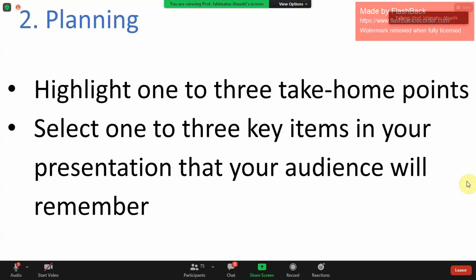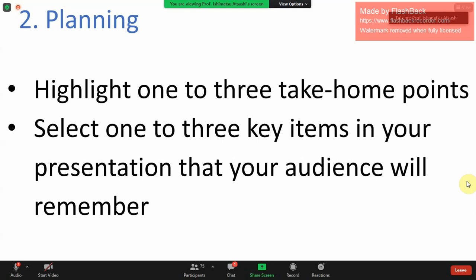And one more thing, this is particularly true when you give your presentation at a scientific meeting. You better select the most important things as your message. So, in other words, do not put too many things in your presentation.